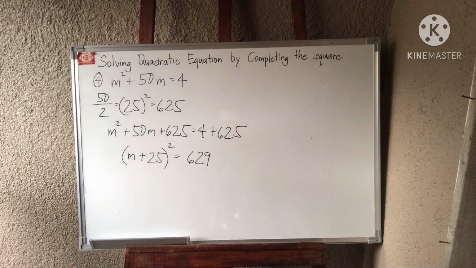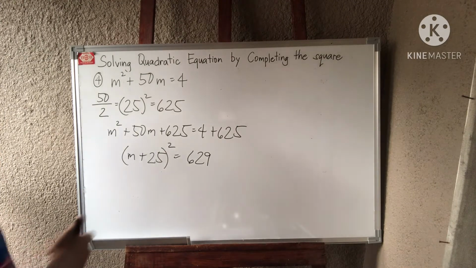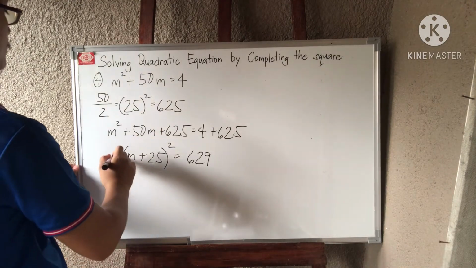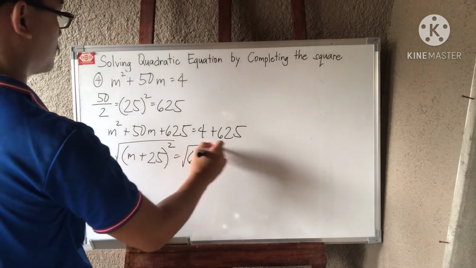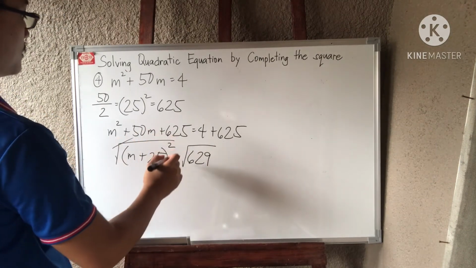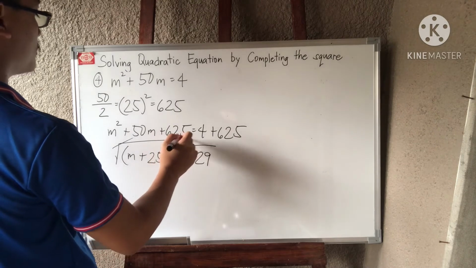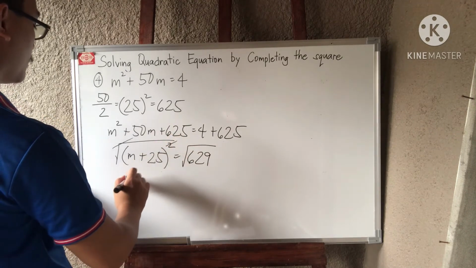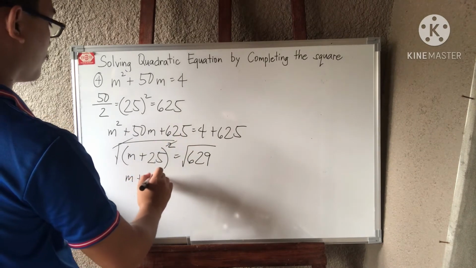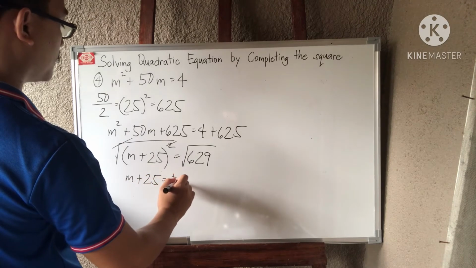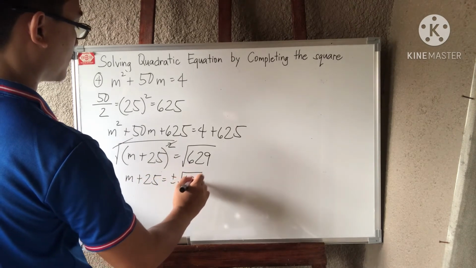Okay. Then you take the square root of both sides, cancelling the square root sign and squared, leaving you with m plus 25 equals positive, negative, square root of 629.